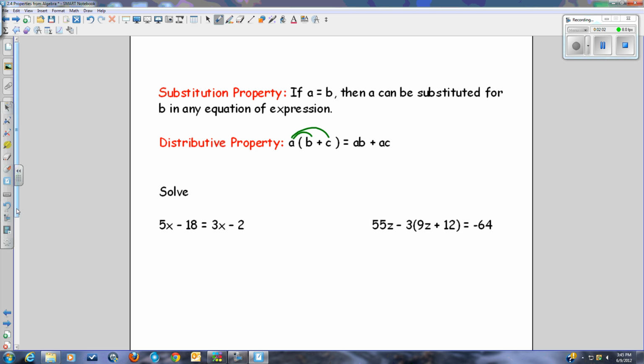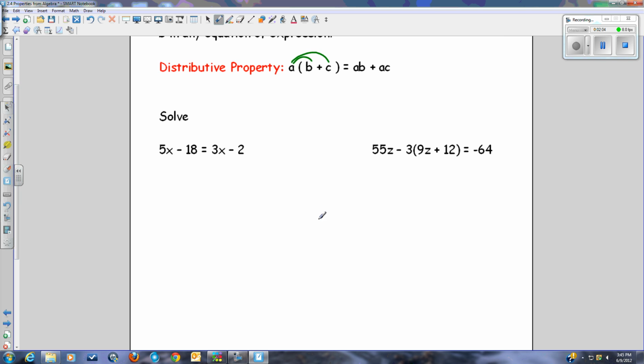All right, so let's just refresh our memories on how we solve equations. So in this problem, 5x minus 18 equals 3x minus 2. We want to get all of the variables on the same side. So let's subtract 3x from each side. So when we do that, we have 2x minus 18 equals negative 2.